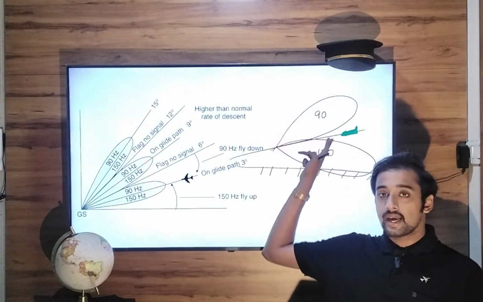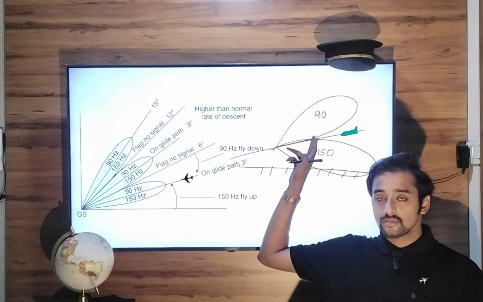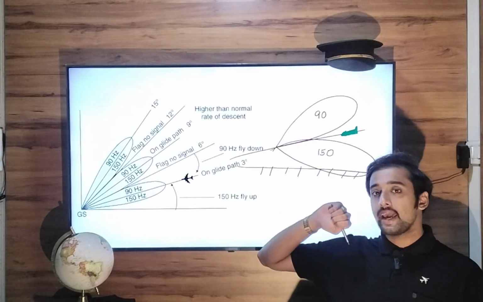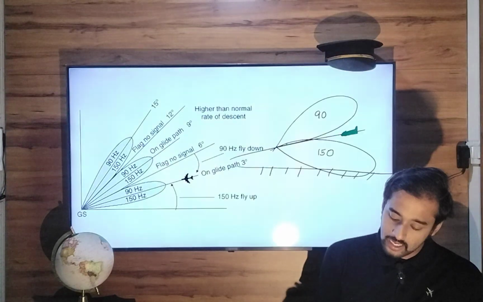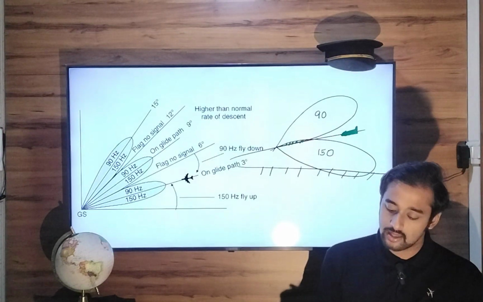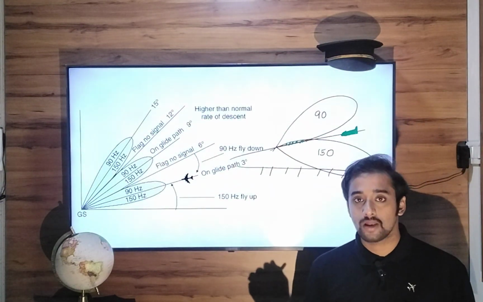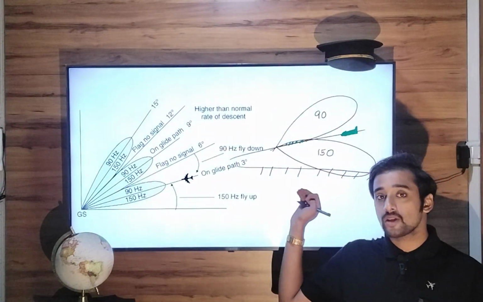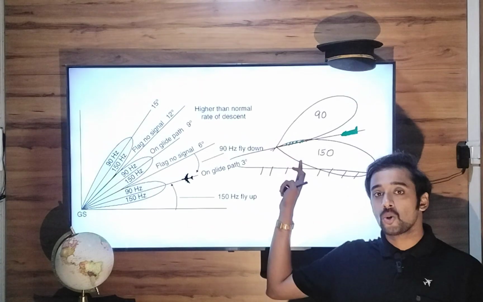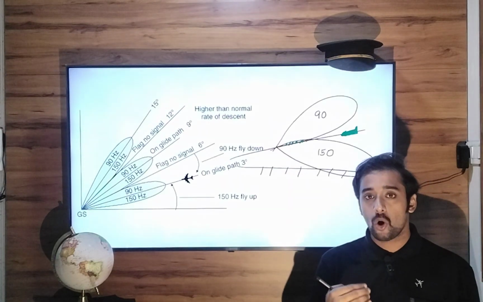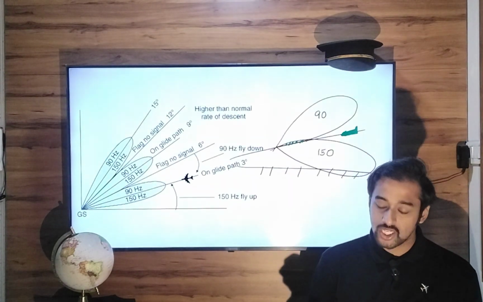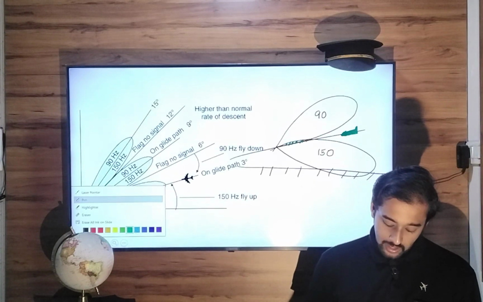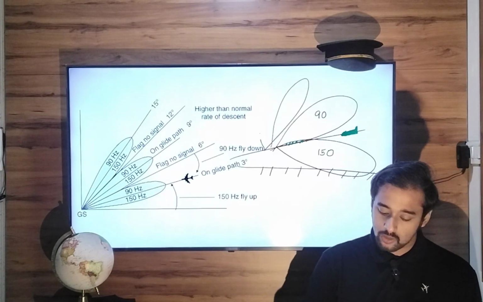So what will happen? This is the 3-degree glide slope, the common area, the overlapping area between 90 hertz and 150 hertz signal. That is where the correct glide slope lies. But due to the reflection or the interference of the ground with this 150 hertz lobe signal, additional or false lobes will be generated, but these lobes will be above the 3-degree glide slope.